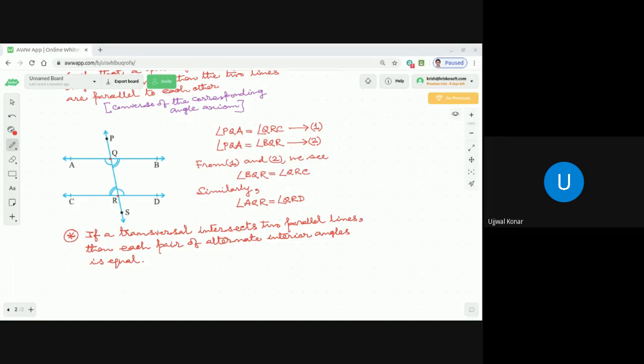Now, if we use the converse of the corresponding angle axiom, we can show the two lines parallel if a pair of alternate interior angles is equal. Correct? Let's understand this statement, what I just said, by means of this diagram. Okay, dear students, let me first show you the diagram and then let me explain.